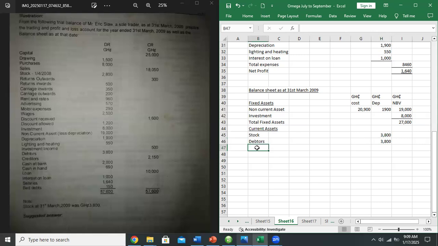What next? I think okay, Ashley again. Cash at bank, as in the money in the bank, which is 2,000. And then I think the cash in hand.